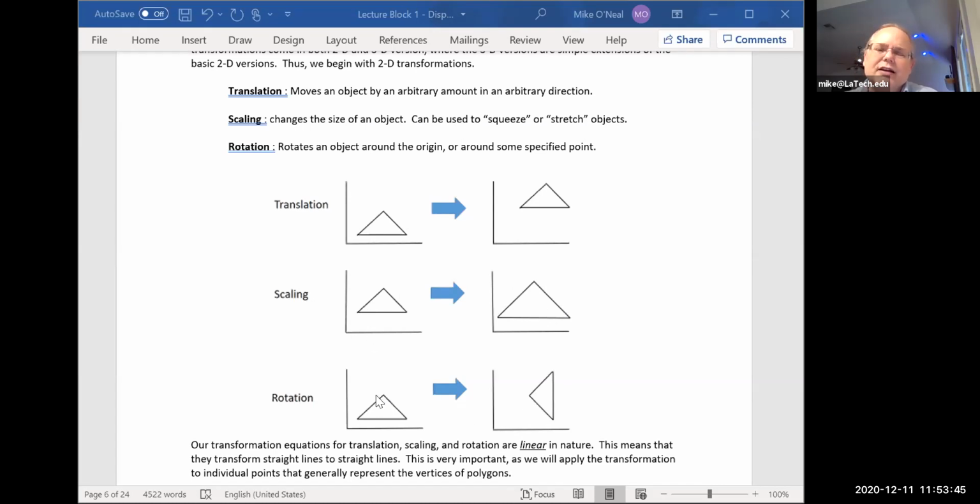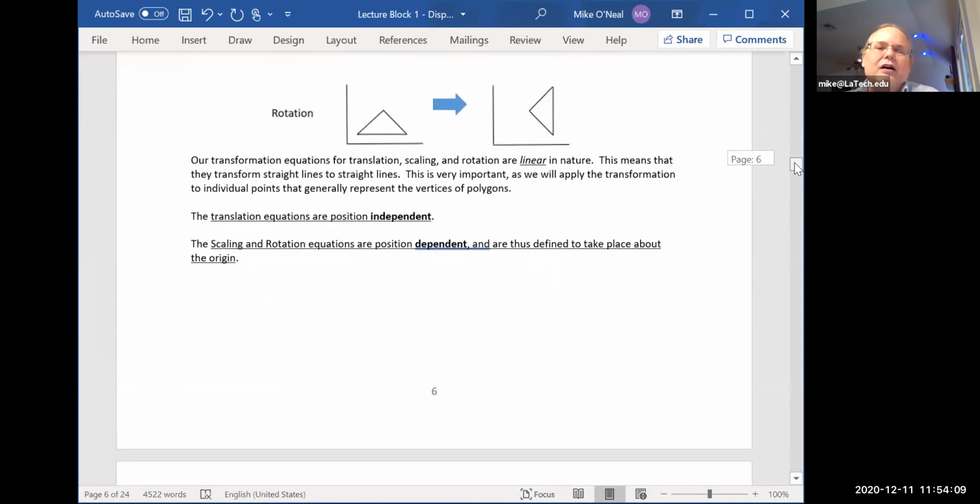Rotation, like scaling, can have side effects, and we'll talk about under what circumstances those side effects can exist. But those are the main 3 things you can do. You can move an object, you can scale it, i.e. you can change its size or squeeze and stretch it, and you can rotate an object. That's the basic 3 operations of computer graphics.